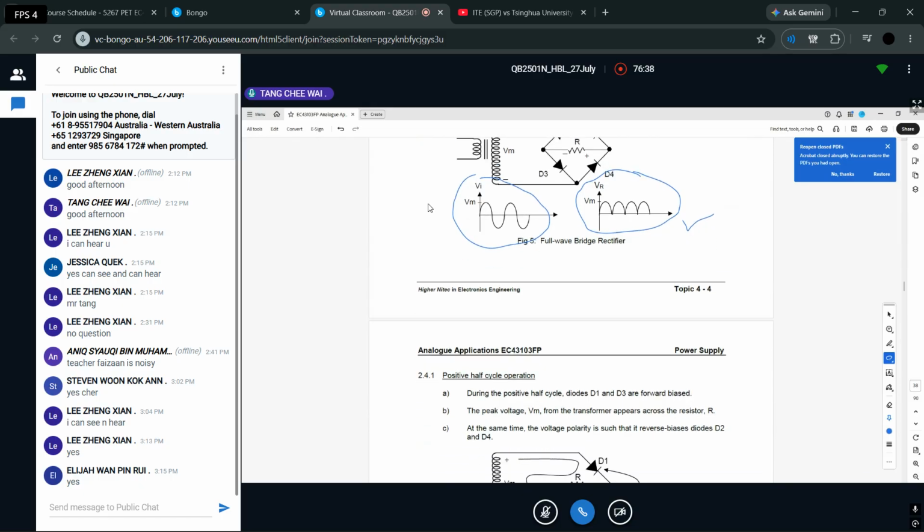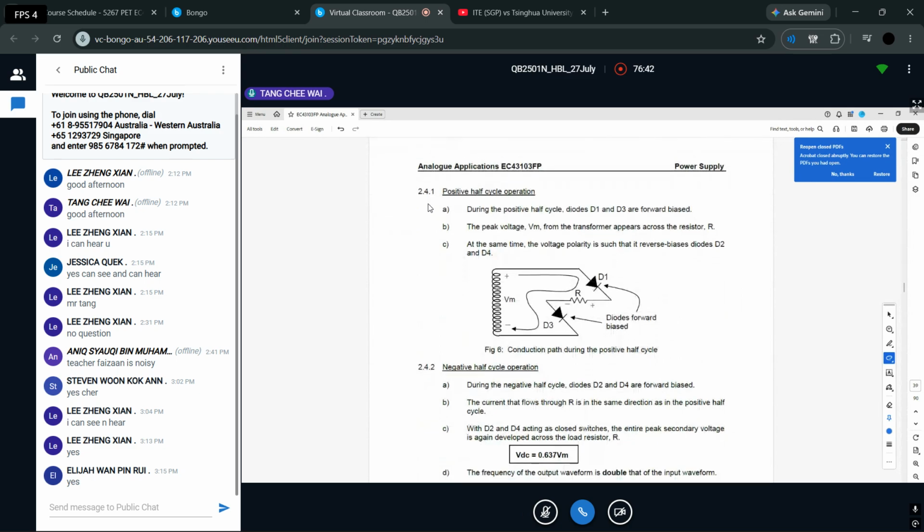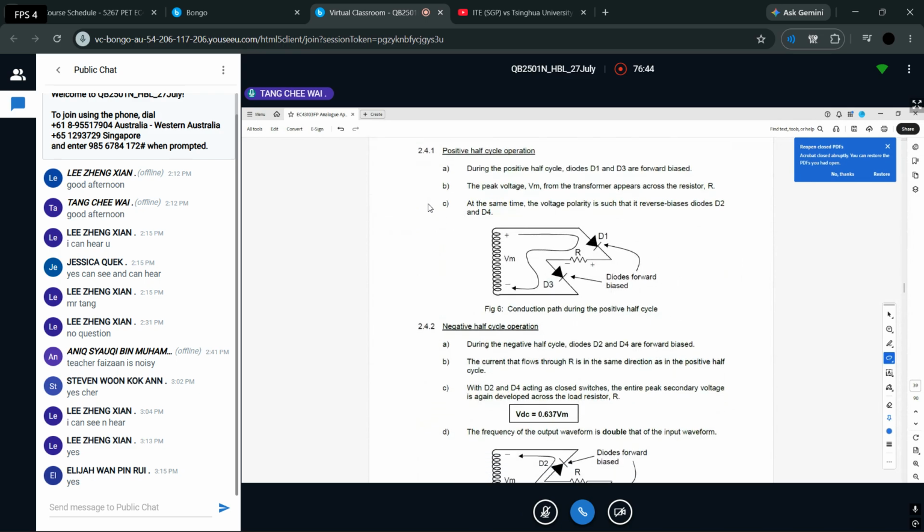Okay, so now we try to understand the diagram a bit more and see how it operates. We first start off with the positive half cycle operation of the AC. Here they mention that D1 and D3 will conduct when the positive cycle comes in.